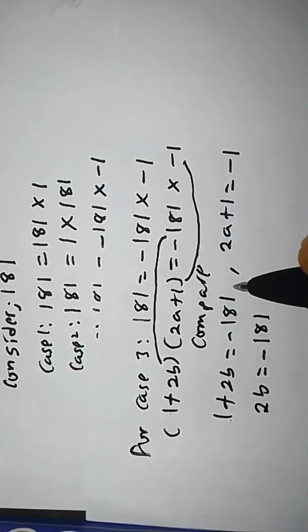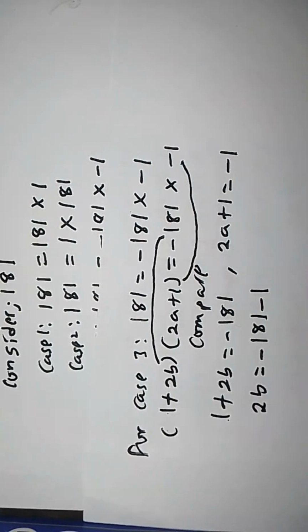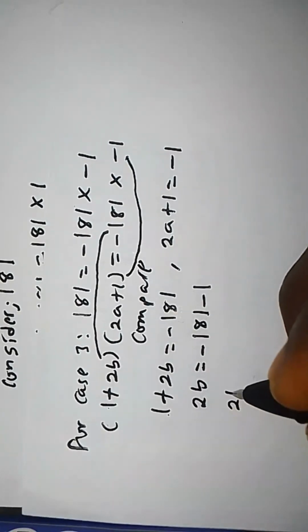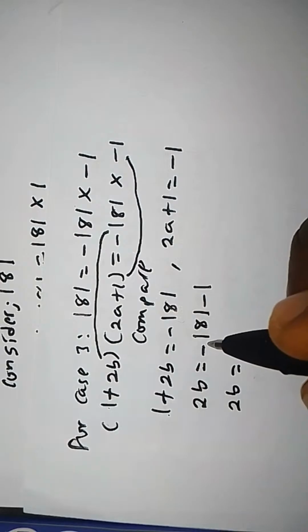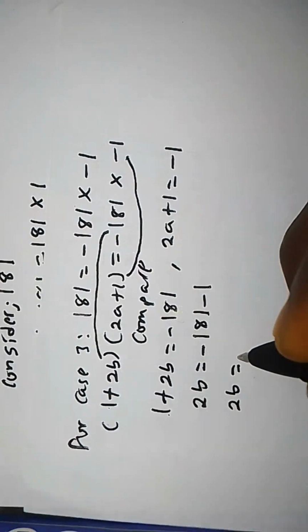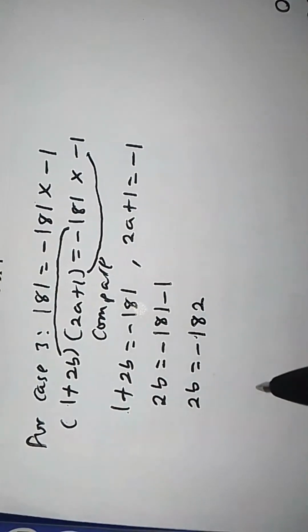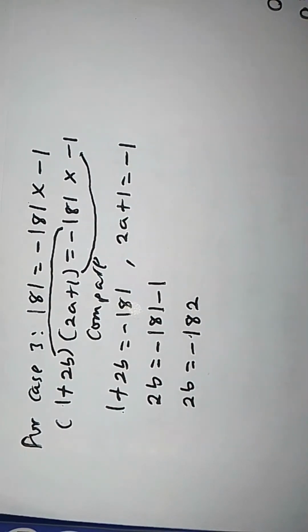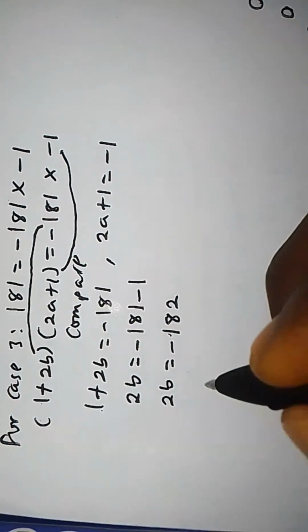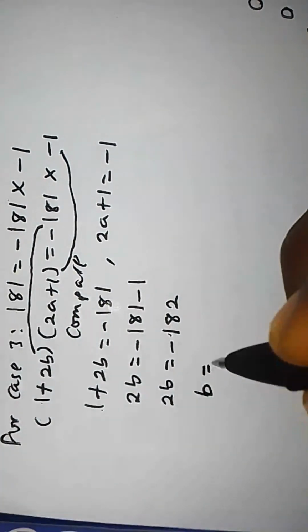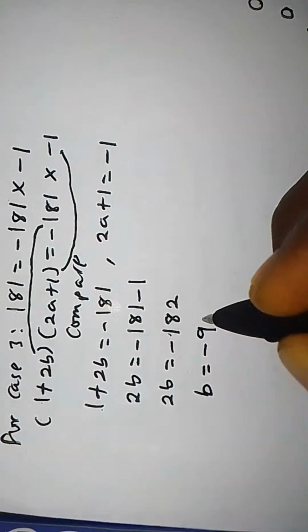When we transfer 1 to the right hand side, that becomes minus 1. 2b equal to minus 181 minus 1, that is minus 182. If you divide both sides by 2, we simply have b equal to minus 91.